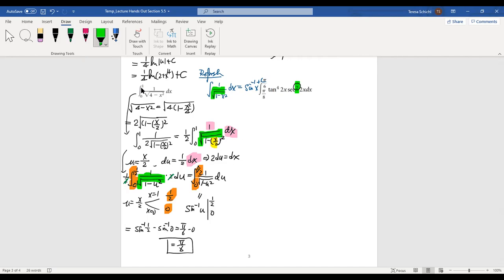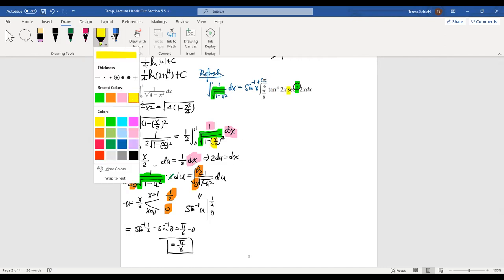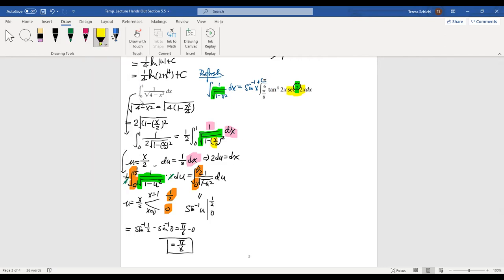Now, when you choose this one, that means you're going to choose this to be your u, right? Then the du, the derivative, will be secant times tangent. So you get the secant and the tangent, but the tangent here is to the fourth. So probably this is not a good way, because if you do this, you probably cannot replace everything inside the integration.